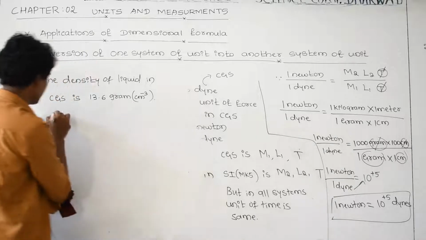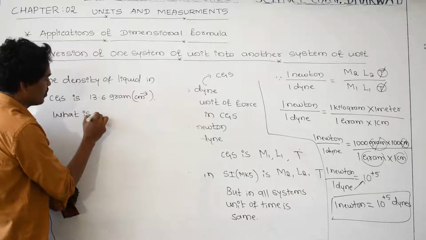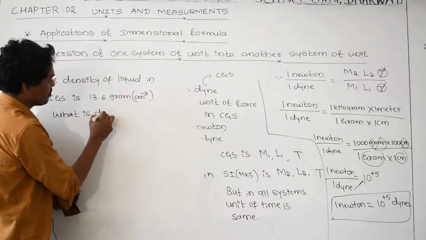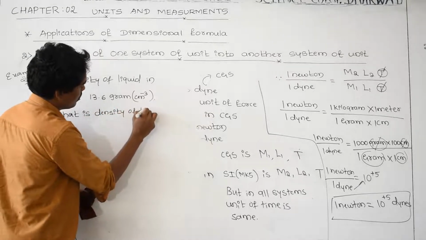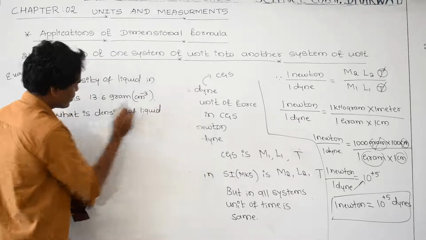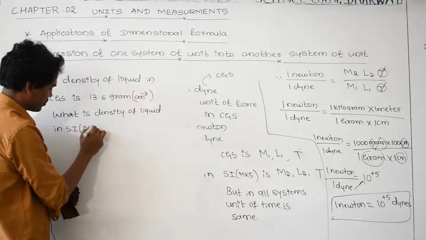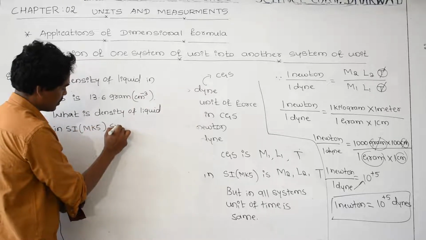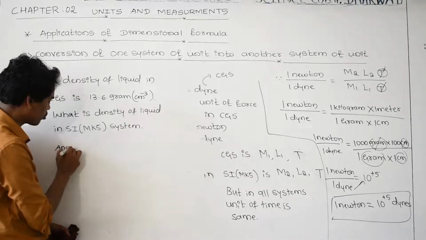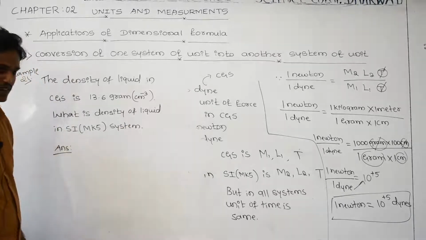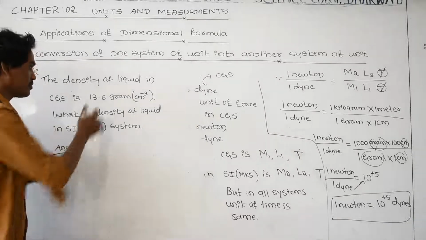Then what is the density of the liquid in SI system? In SI system, SI means MKS system. Let us take the answer. We have to convert CGS to SI. CGS system to MKS system means SI system you have to convert.